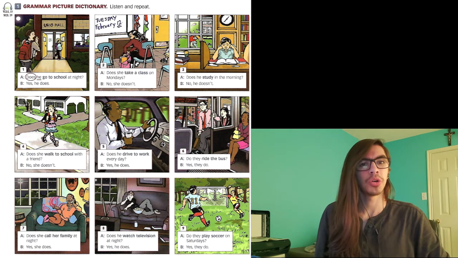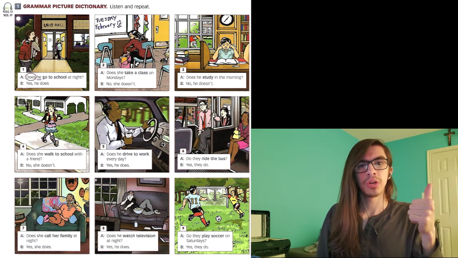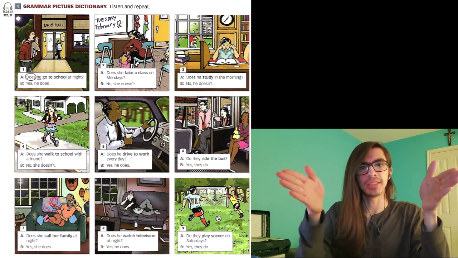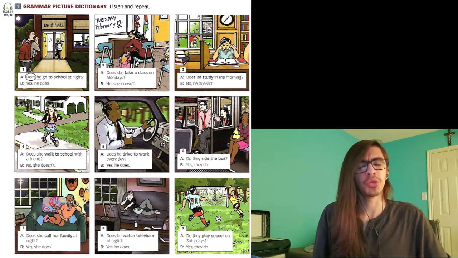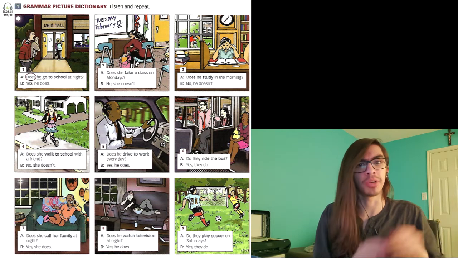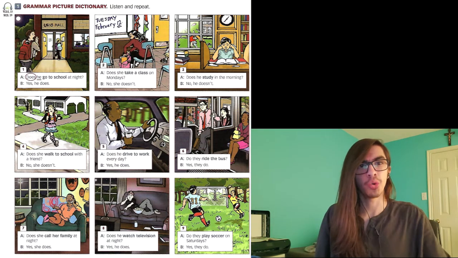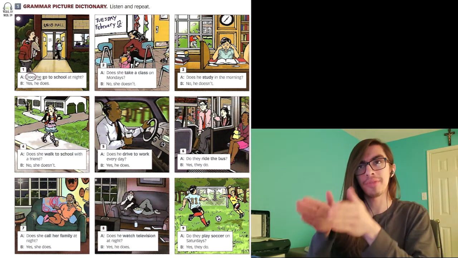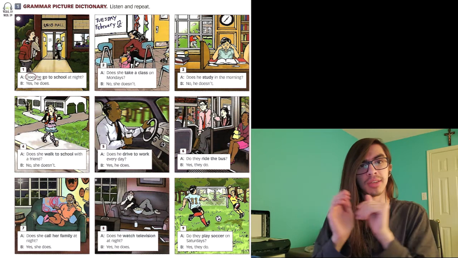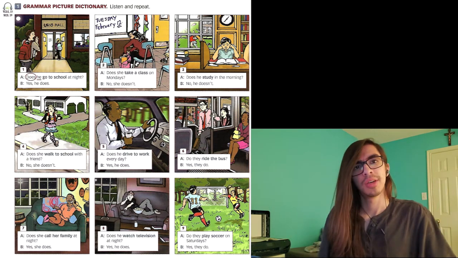Okay, so we saw a lot of new verbs and a lot of old verbs, and we also saw do and does. Now, what I want you to do is to go ahead on a separate sheet of paper, in otro papel, write down these 9 questions and answers. So, escribe las 9 preguntas y respuestas.